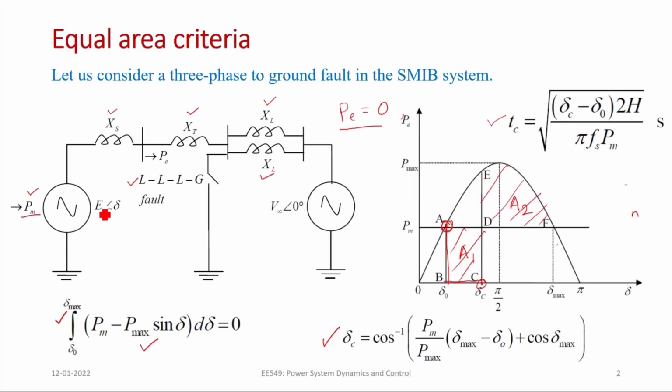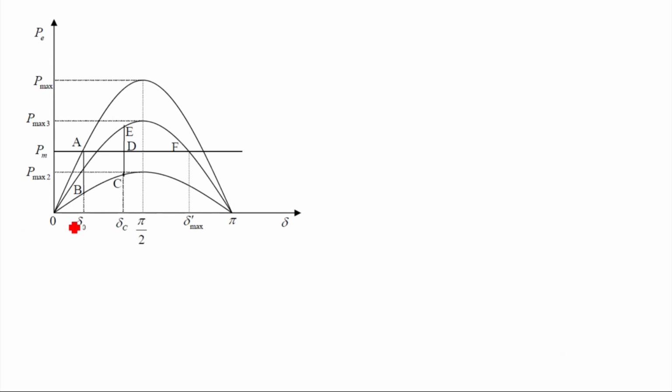If your fault is not occurring here, but is occurring at the midpoint of one of the transmission lines. In that case, the electrical power output during the fault will not become equal to 0. That means it will follow another curve, like we can see here.